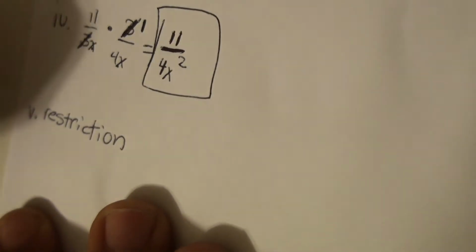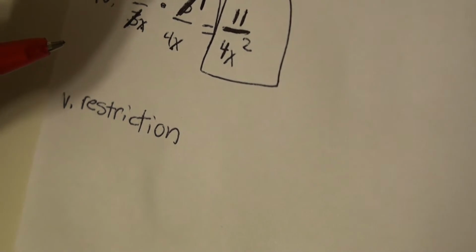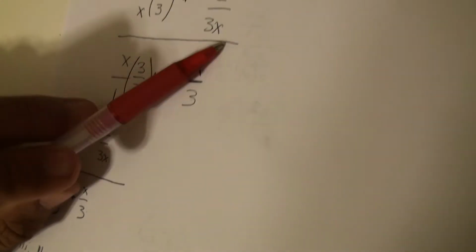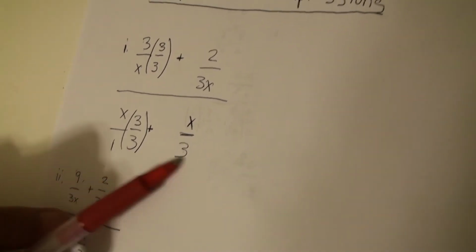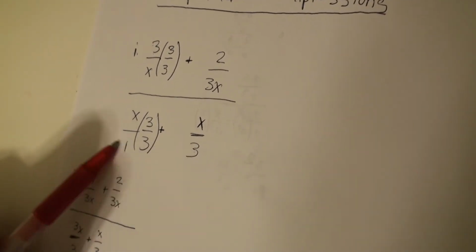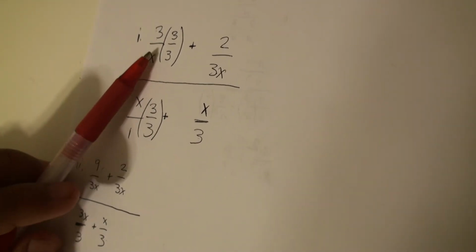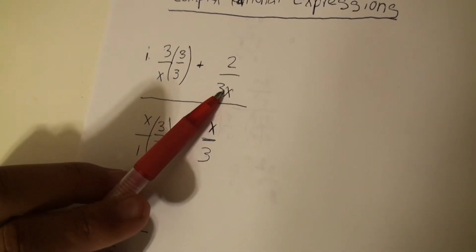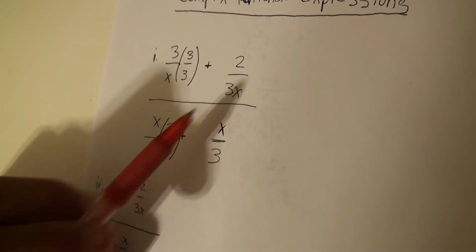Now you might be asking, what is a restriction? A restriction tells us what we cannot have in the denominators as x, what x cannot equal. And if there's no variable, as we can see here, you would just leave that as 0. X cannot equal 0. So right here, x cannot equal 0 because we want to set up the equation: 3 multiplied by what will give us 0?